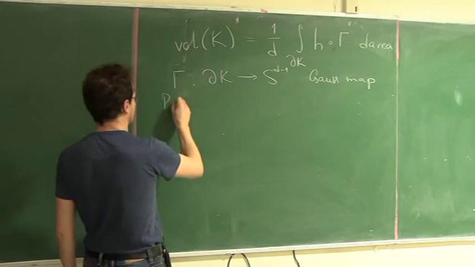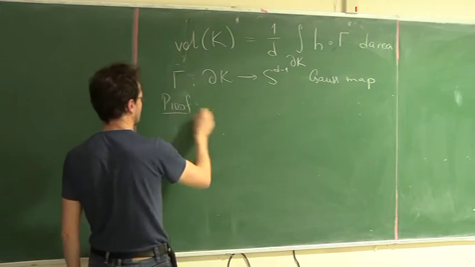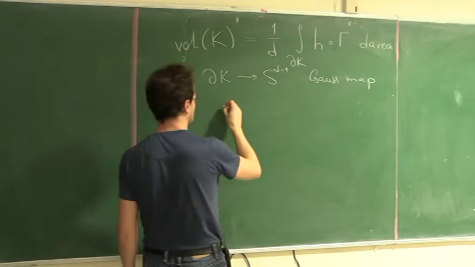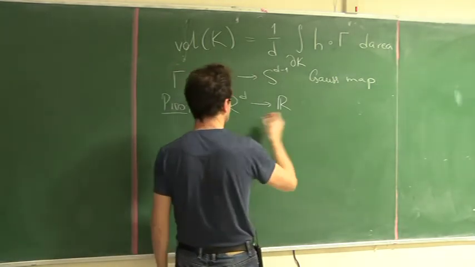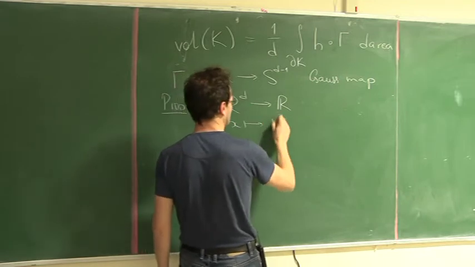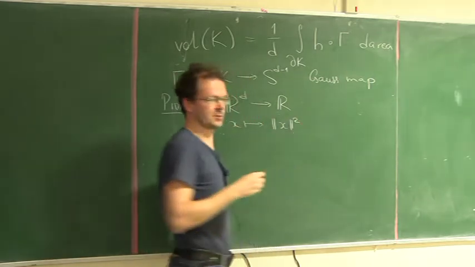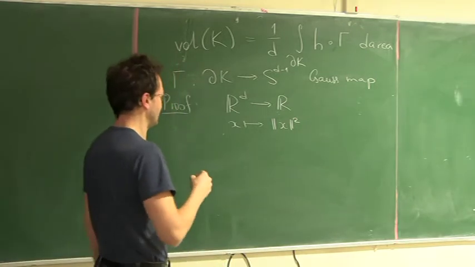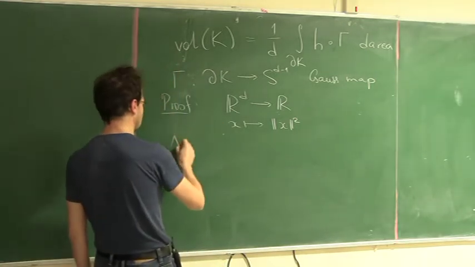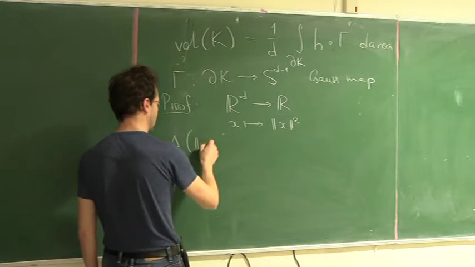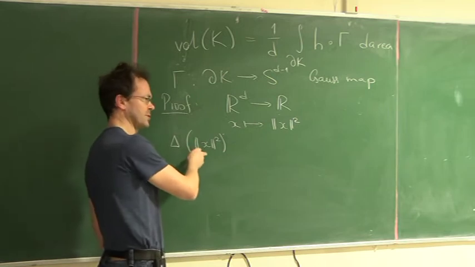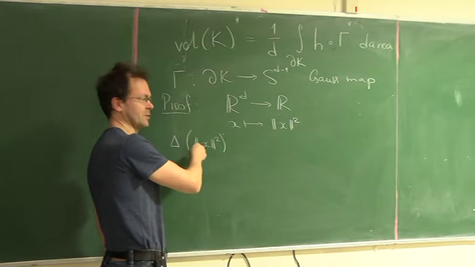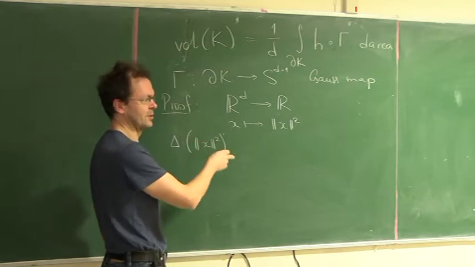So the proof of this formula is as follows. Let us take the following function defined on R^d, which sends x to the squared norm of x. And this function is very good because of the Laplacian of the squared norm. We take the second derivatives, and we get 2 each time, because the second derivative of x_i squared is 2.